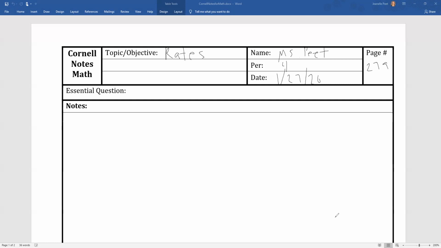Essential questions: How do I calculate a price per unit?